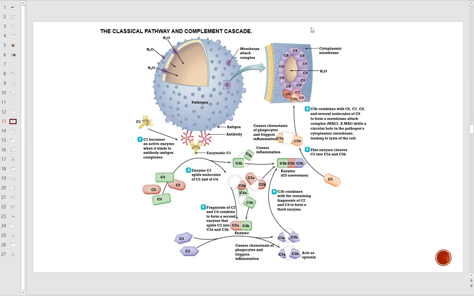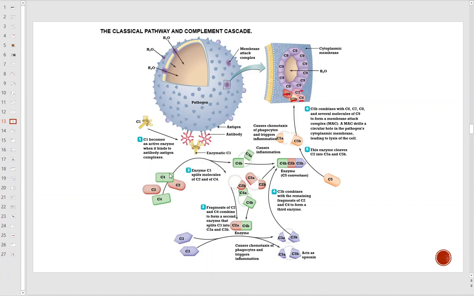Classical pathway complement. There's the membrane attack complex. There's a lot of C9s. You can see C5b there, C6, C7, C8. And this is what's going on. If you go through this from the very beginning, we have the antigen-antibody complex. This is the classical pathway.